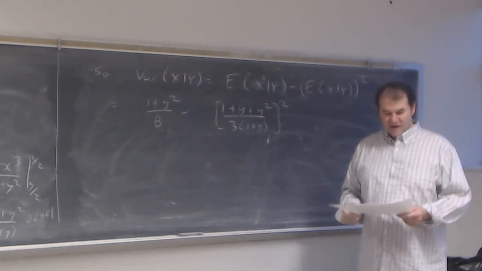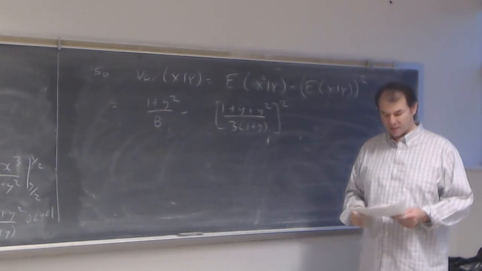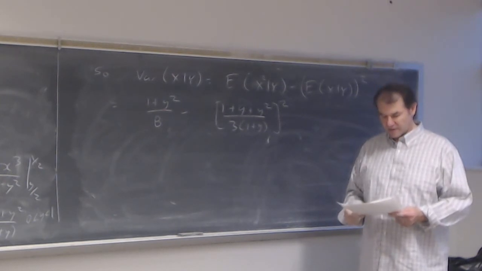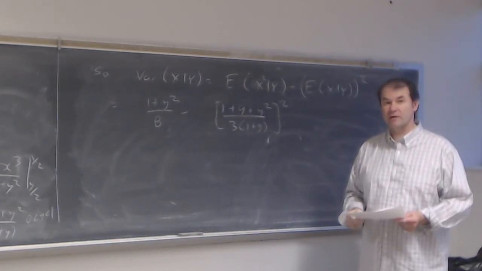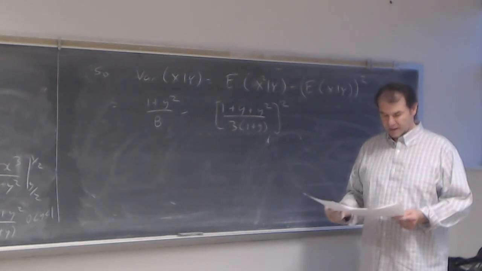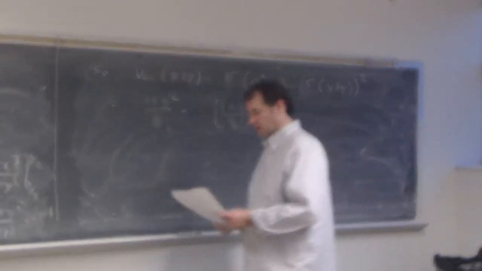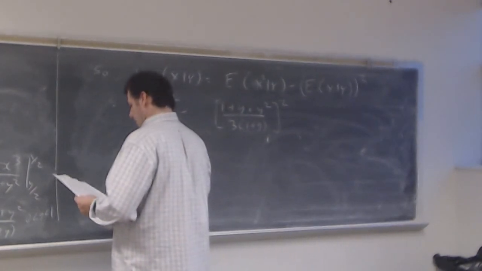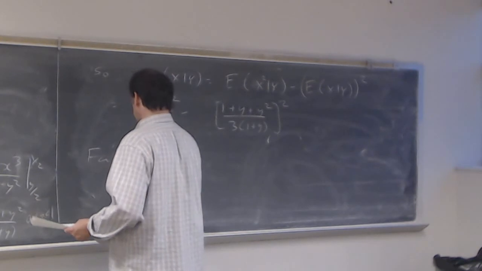All right, there are 2 more facts that I want to do. One of them is called the conditional variance formula, and it relates, in some sense, conditional variance to regular variance. And the other one has to do with compound random variables, and it would involve the conditional variance formula. So here's the conditional variance formula.